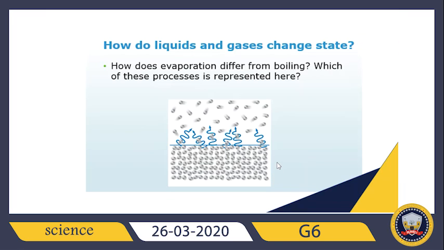Suppose you are heating this liquid and adding energy to its particles, so the temperature increases from, for example, 25 degrees Celsius to 90 degrees Celsius, and so on.